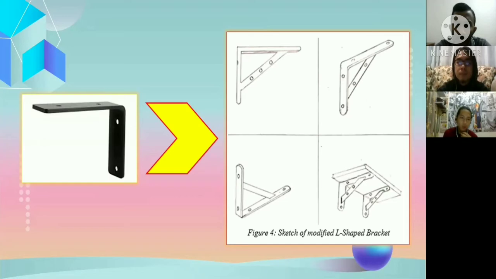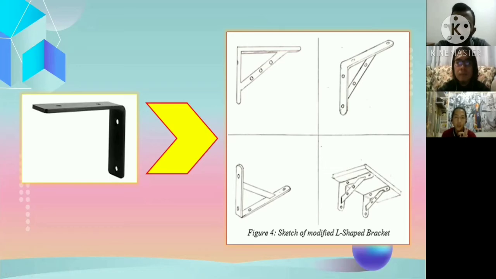Once again, thank you, moderator. As you can see, on the left side is the normal figure for the L bracket, and the right side is the modified L-shaped bracket that we designed to prevent the creep. We know that the L-shaped bracket is used for shelves to hold load for a period of time, so it will go through the process of creep.